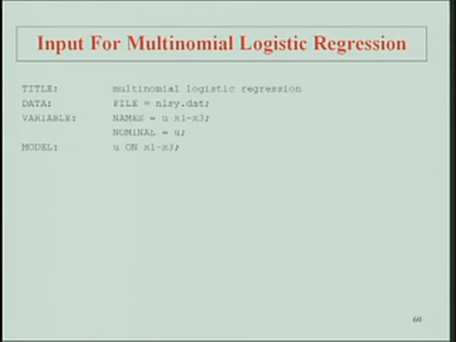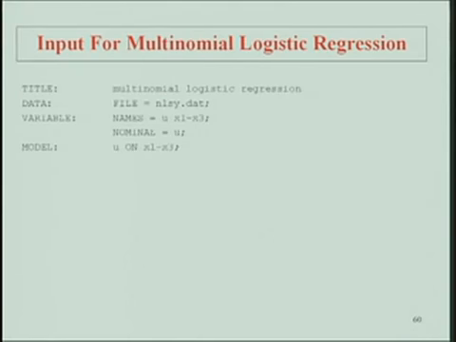3 x variables. So u is nominal, and the categories are person offenses, drug offenses, property offenses, and no offenses. So it's 4 unordered categories.